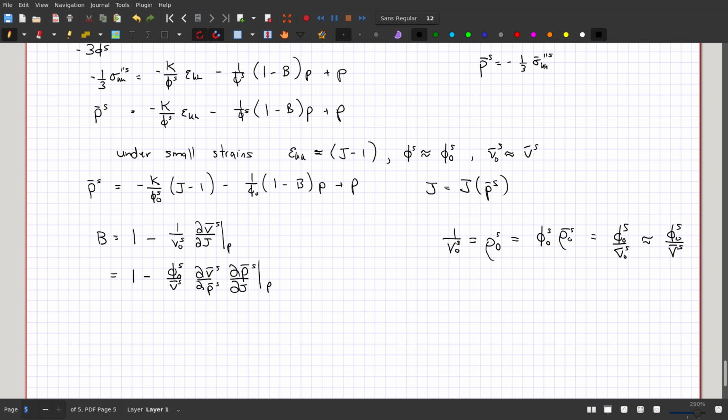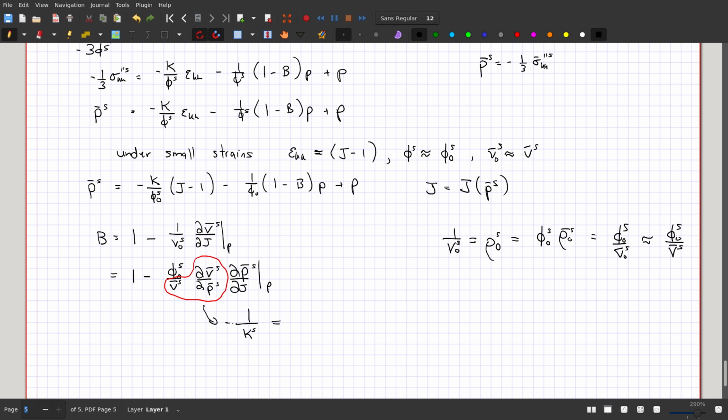And then according to this equation, J is a function of P, so I can use a chain rule here, partial Vs, partial Ps, partial Ps, partial J. Now this thing here is by definition the compressibility, or 1 over Ks, the bulk modulus of the solid.